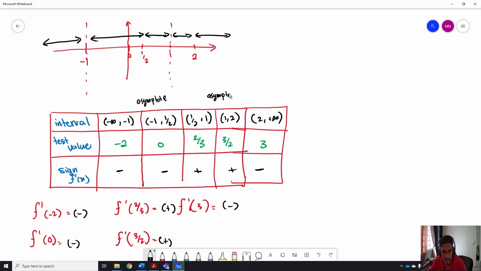Remember, our asymptotes are at x equal to negative 1 and at x equal to 1. So here is the asymptote, and here is negative and positive. When the sign changes from negative to positive, it is this type of curve, and when the sign changes from positive to negative, it is this type of curve.